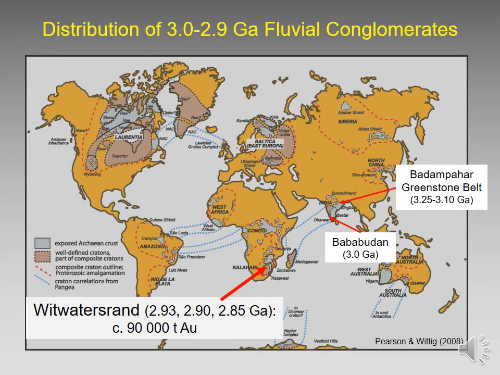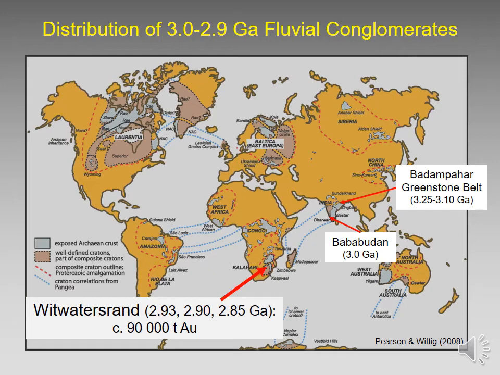I said it before, the Witwatersrand is not unique in terms of style of mineralization. We find similar conglomerates also on other continents. The Witwatersrand is unique in terms of its enormous gold endowment. Similar conglomerates I had the pleasure of looking at are in India, both on the Singhbum Craton in northeast as well as on the Darwa Craton in the southwest of India.